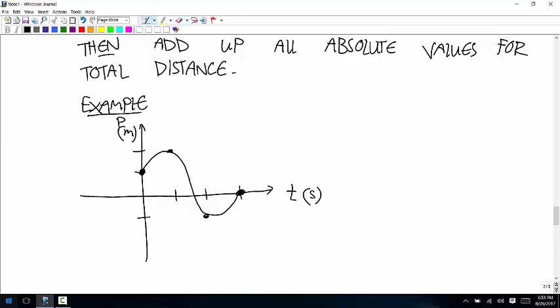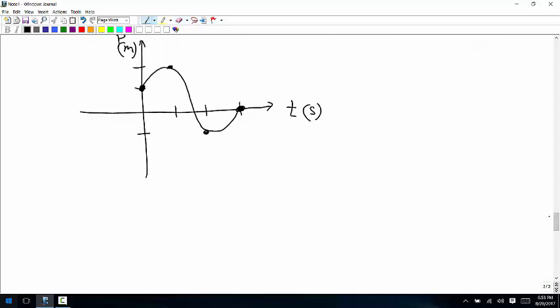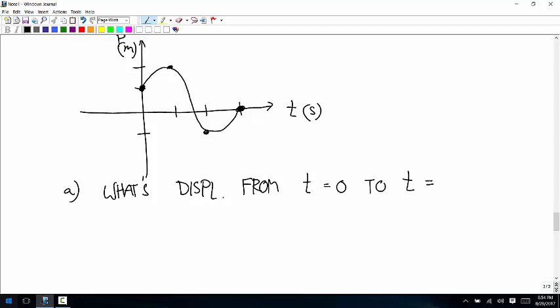Okay, so let's figure out first, what's the displacement from time equals 0 to time equals 3 seconds.